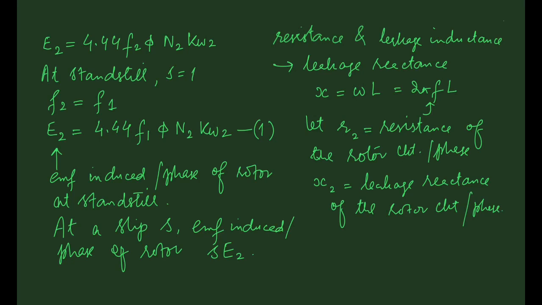Therefore, the rotor current per phase will be given by I2 as a phasor will be equal to the EMF in the circuit, SE2, divided by the net impedance of the rotor circuit per phase, which is R2 plus jSX2. Let's call this equation 2.